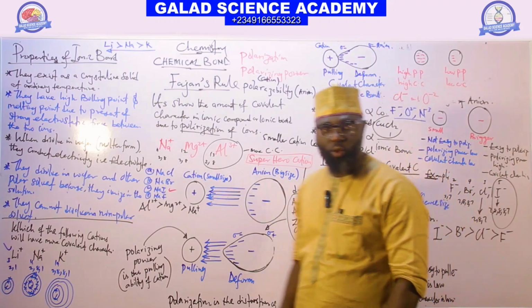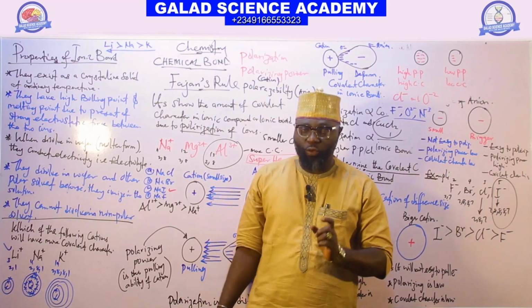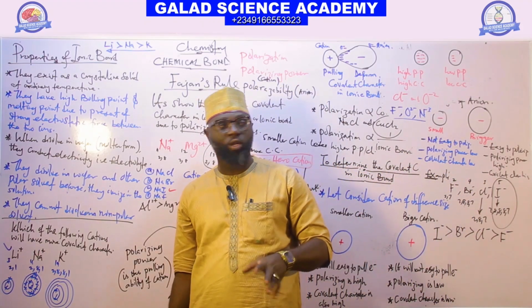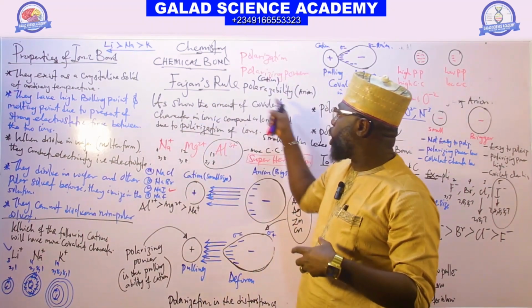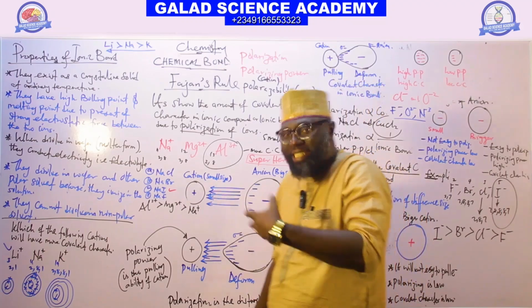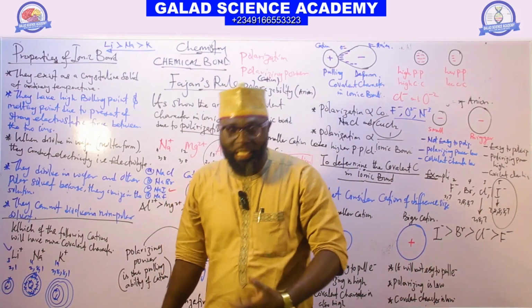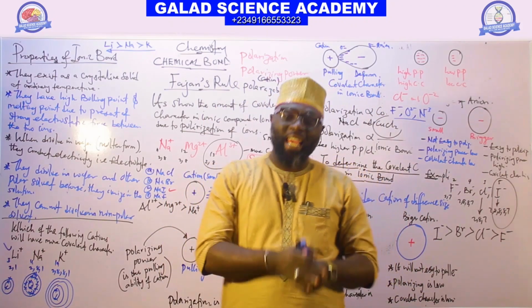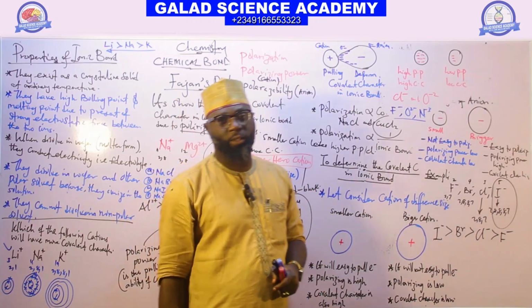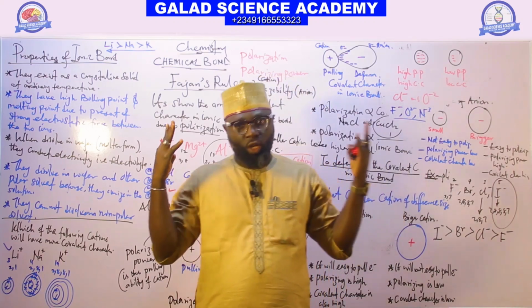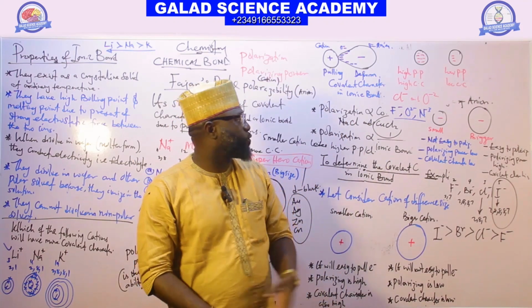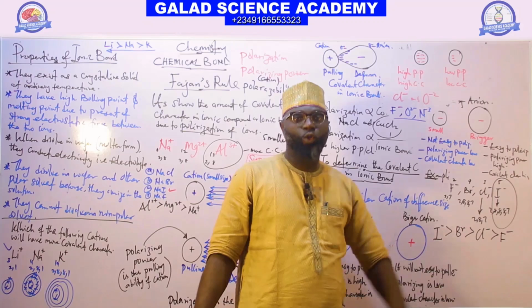So that is all about Fajan's rule. Don't forget that Fajan's rule is the one that shows us how to determine the amount of covalent character in an ionic bond. It has 3 rules for cation, 2 rules for anion.